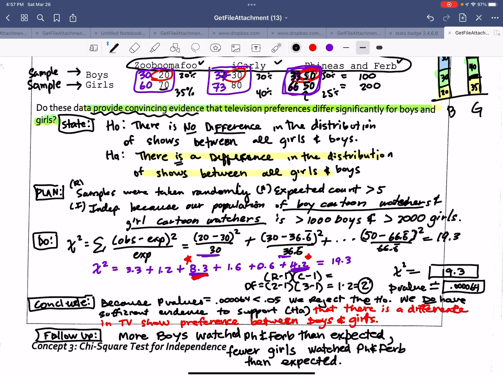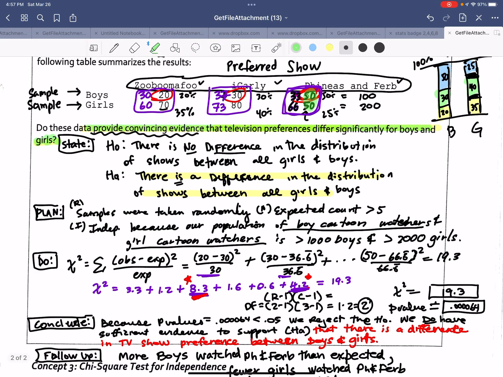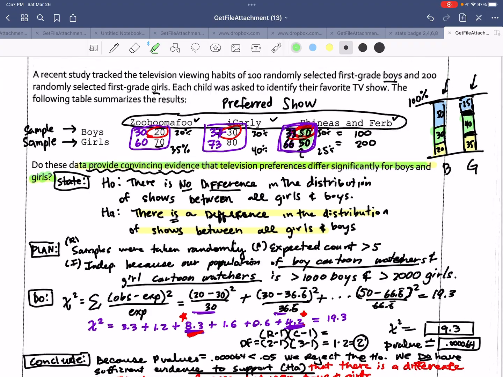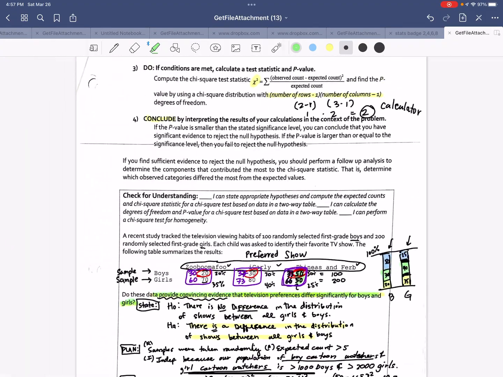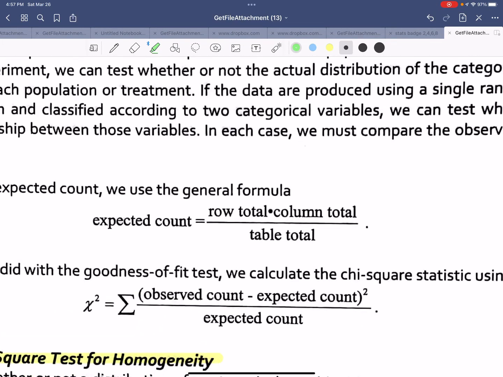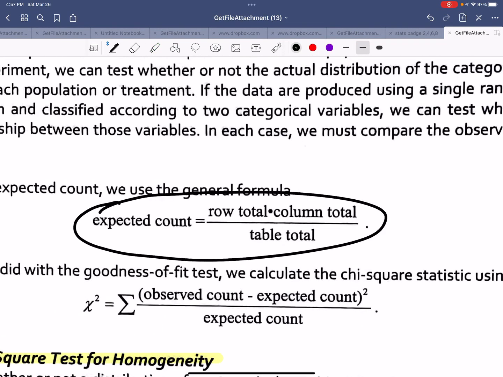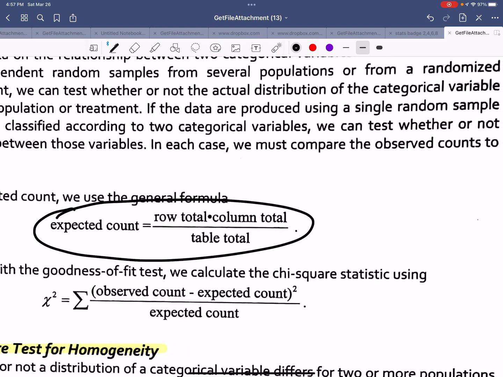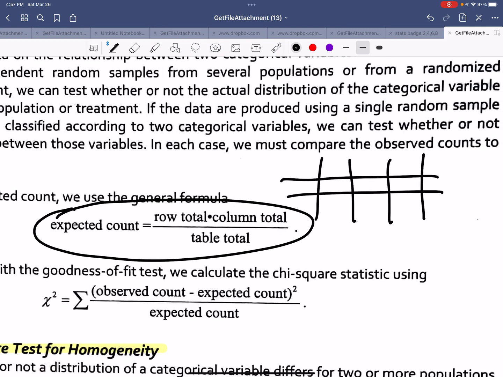All right. How do I tell the difference? Well, again, these were our observations, and our expected is calculated here, right here. How do we calculate the expected counts? Our calculator does this for us. So we notice in our table, there was a total of 100 guys, right? And 50 watched Phineas and Ferb.